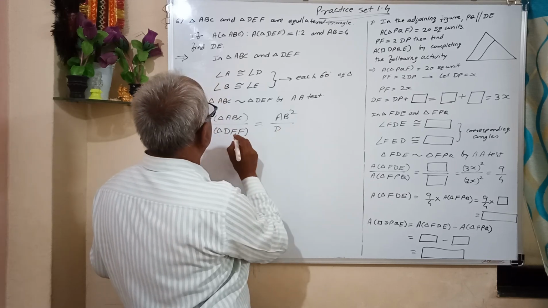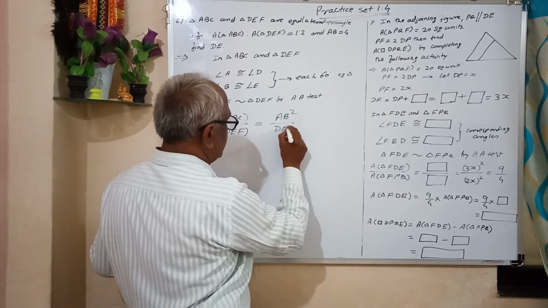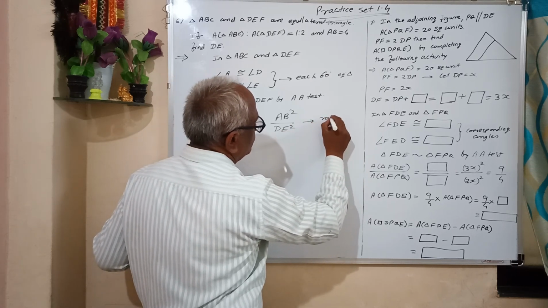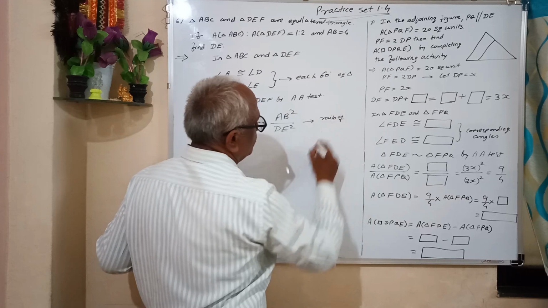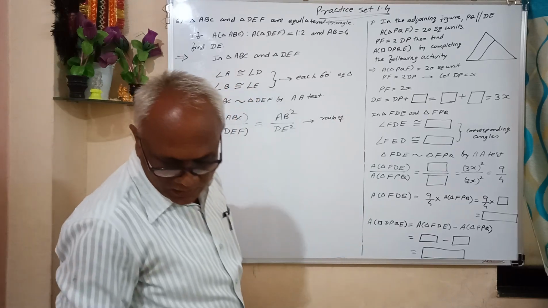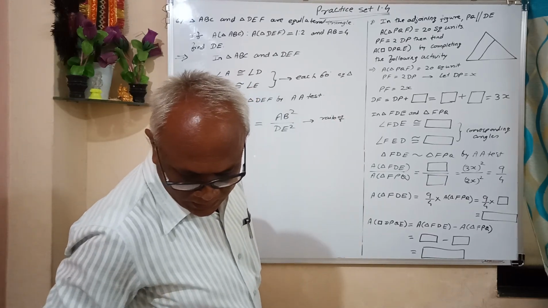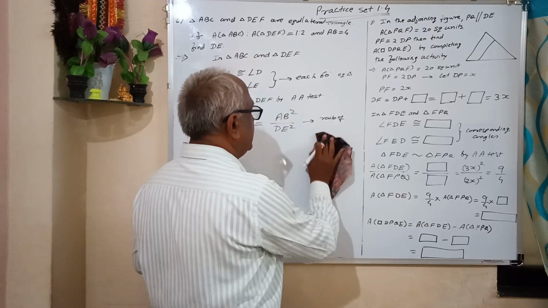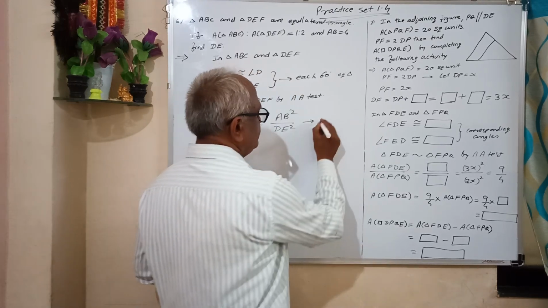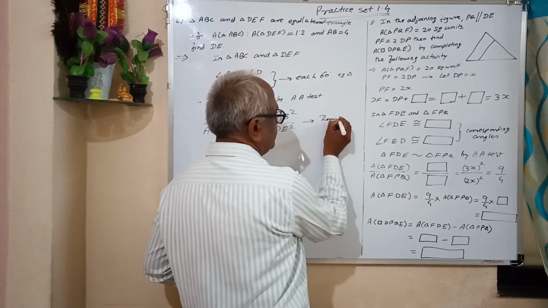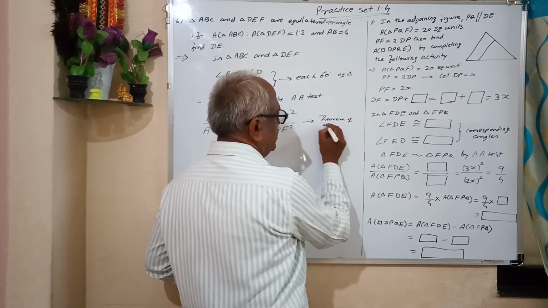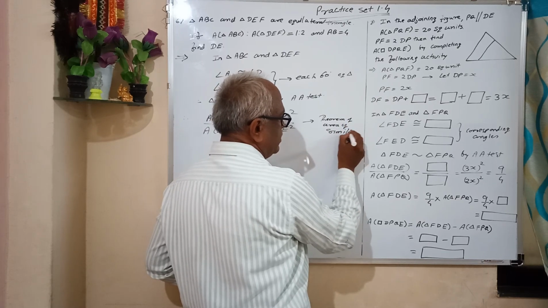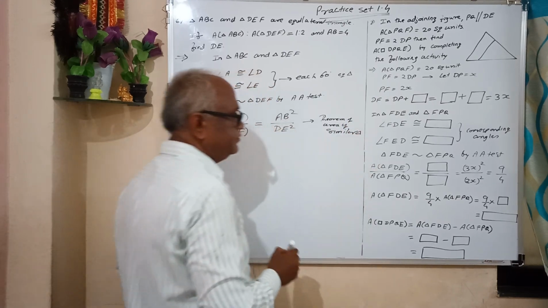Sorry, AB square upon DE square. That is the ratio of area of similar triangles, theorem of area of similar triangles.